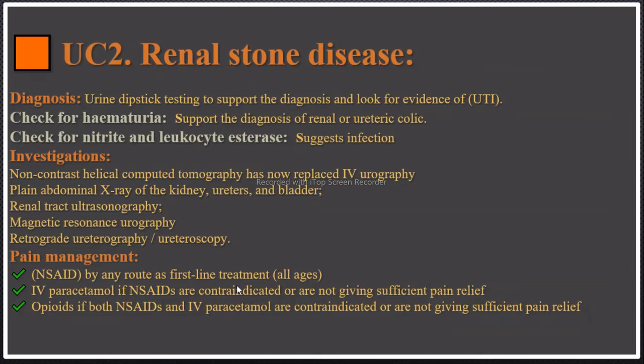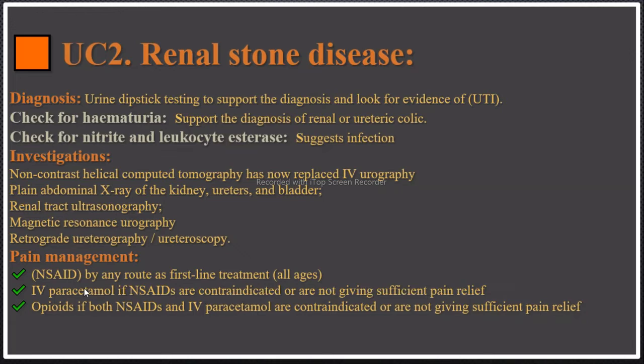So the patient has a pain score of 7 out of 10, the non-steroidal was given, and the patient is still in pain. What is the next action? Opioid? Why opioid? IV paracetamol. Again, IV paracetamol if non-steroidal drugs are contraindicated or not giving sufficient pain relief.